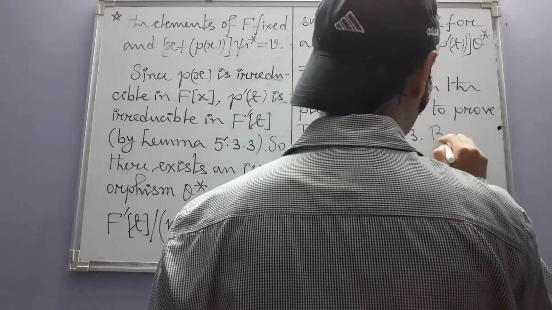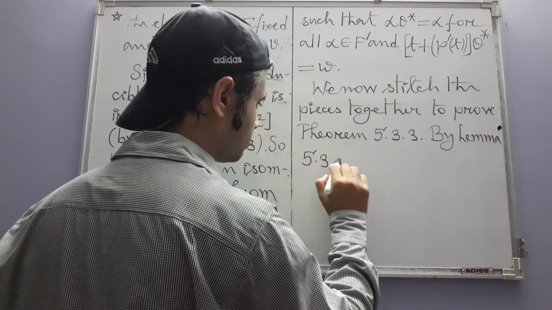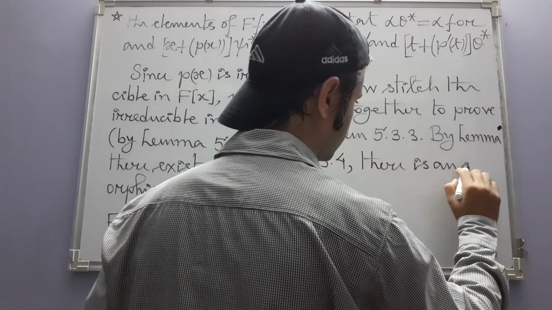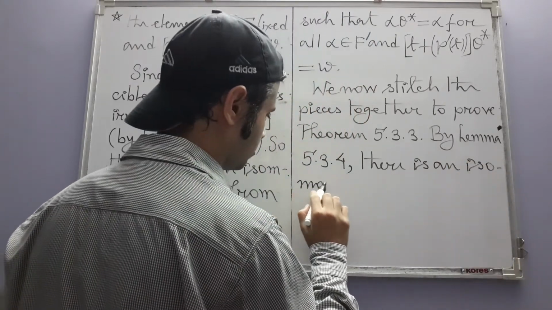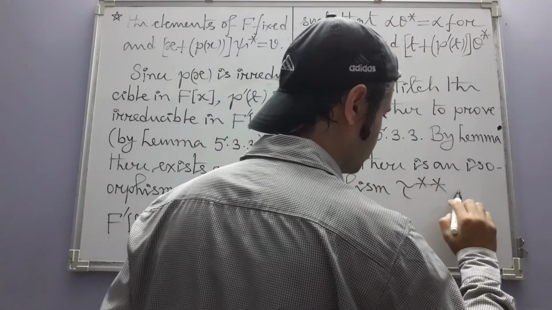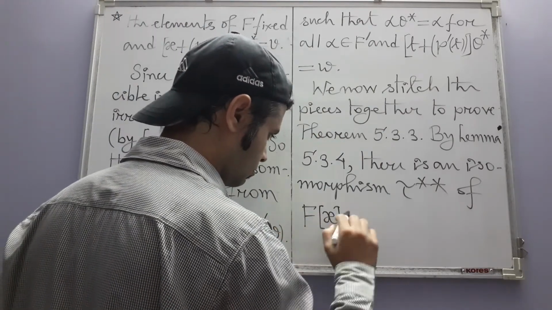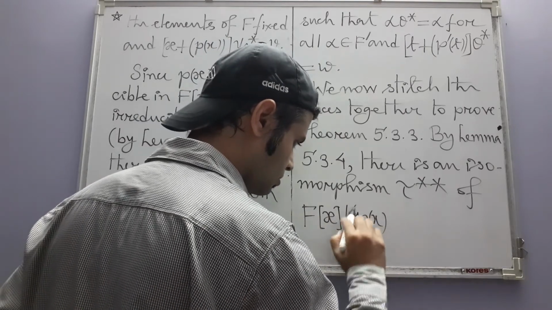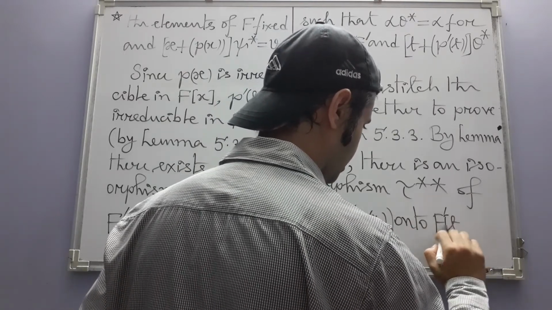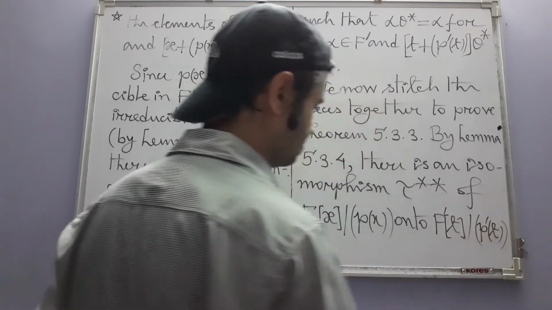By lemma 5.3.4, there is an isomorphism tau double star of this onto F'[t] quotiented by the principal ideal generated by p'(t).